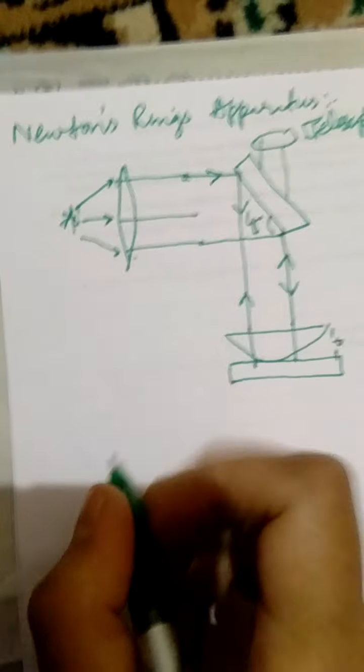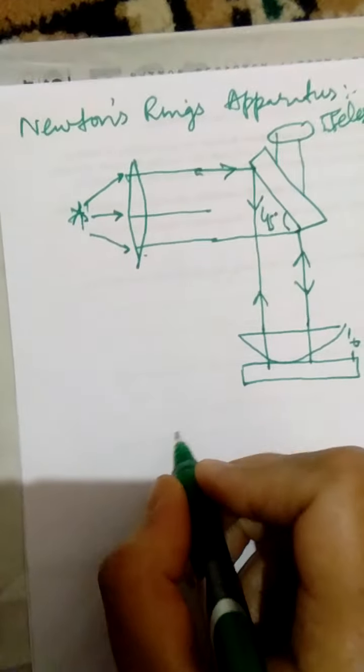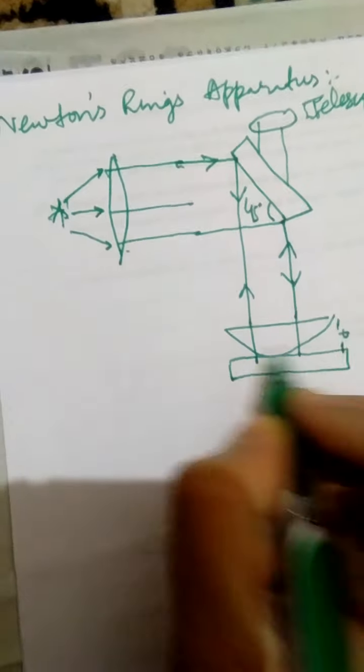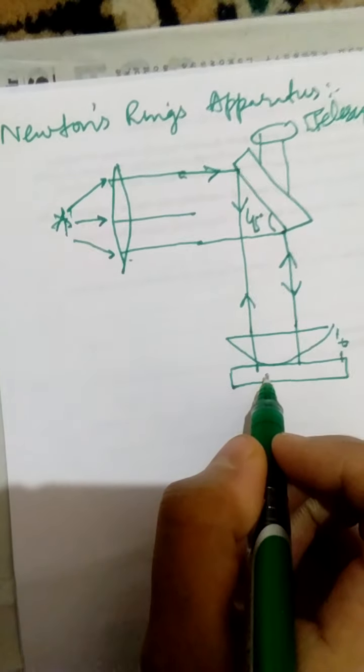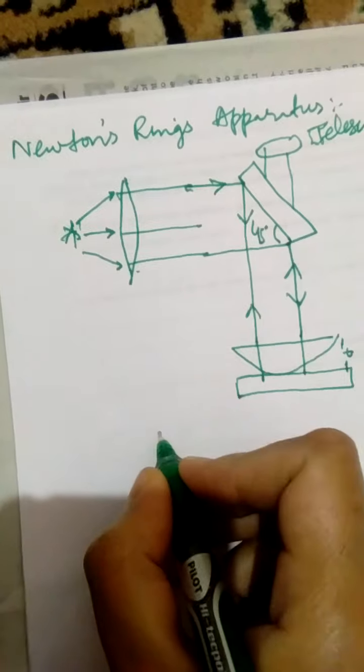Now the conditions of constructive and destructive interference remain the same. That is, what is the total path difference, by the way? Since T is the thickness of the film and these light rays have to travel twice, once while coming and once while going back, the path difference is 2T.